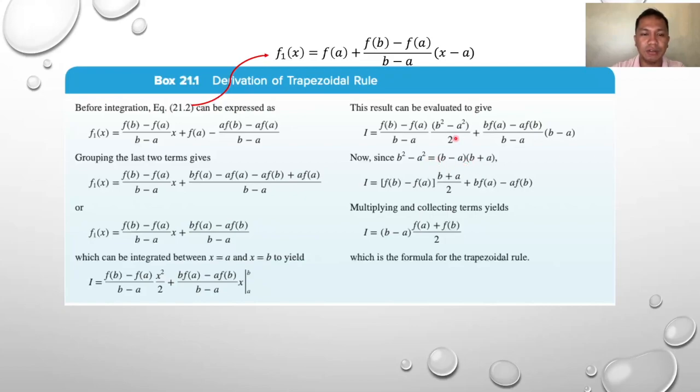So substitute this, this will cancel out, this will cancel out. So what's left is I is equal to bracket fb minus fa, b plus a over 2 plus b fa minus a fb. So multiplying and collecting the same terms will yield us to this equation, which is the formula for the trapezoidal rule.